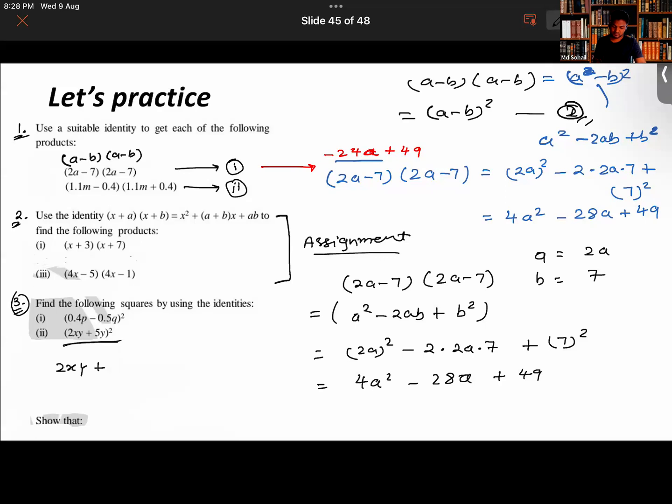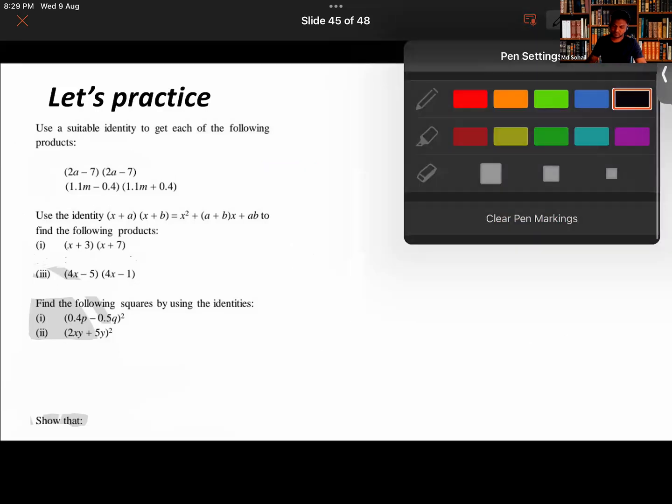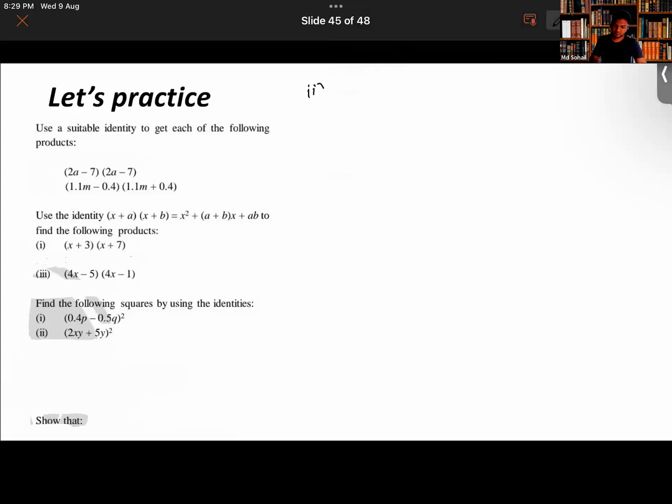Sir, I've got the value. Yes, that is how much? Sir, 4x square y square plus 20xy square plus 25y square.